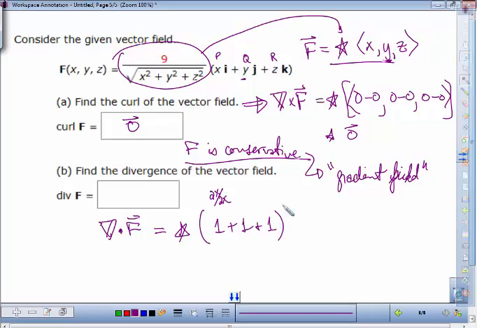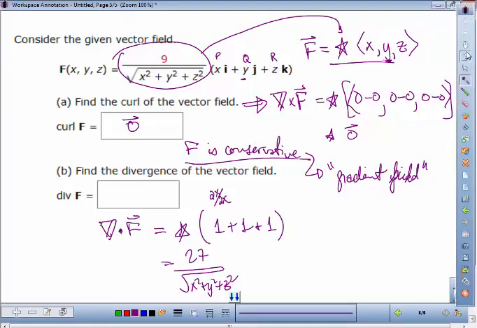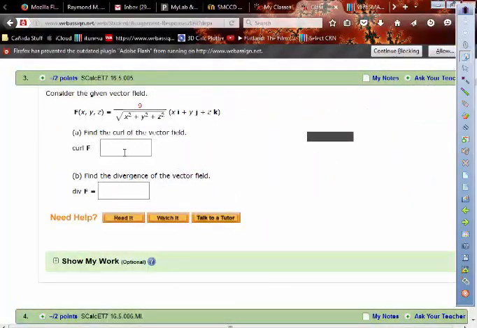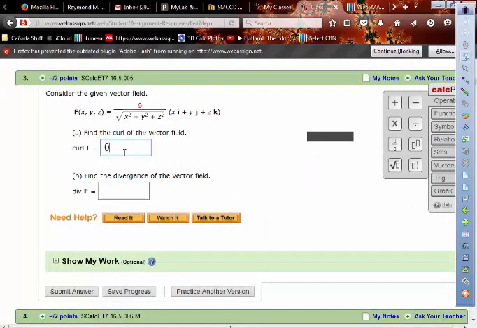So this is just going to be 3, but then you have this constant up here too, outside. So this is going to be 3 times star. 3 times 9 is 27 over this whole thing. So this is your div. Okay? So I wonder if you put 0 in there, if it's going to be okay with this. Or actually, it should be a vector field.